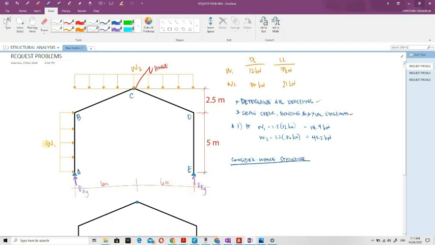And then there is W1 pushing our structure to the right. So we can assume that the reactions at A and E are opposing W1, so we assume that the direction of the reactions at E and A are both going to the left. It's just an assumption for now. So this is RAX, this is REX. If our assumption is opposite, then the value of the reaction we get will be negative, meaning the assumed direction is reversed.